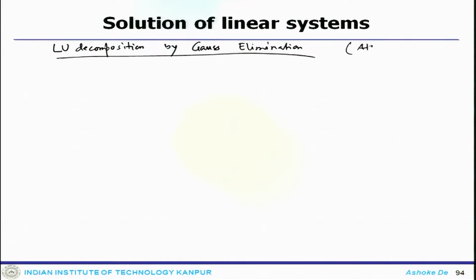Now, if you look at that algorithm, how do you do that? You have simply U1j equals A1j, where j goes from 1 to n.